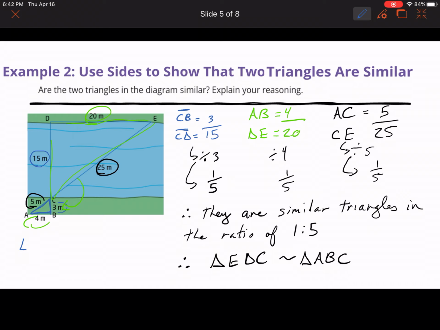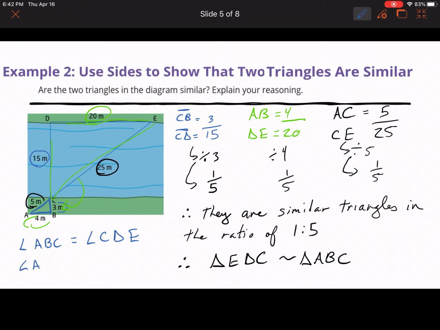So angle ABC is going to equal angle CDE. We don't know what that is because they did not give us the right angle symbol, but we know that they're going to be equal.